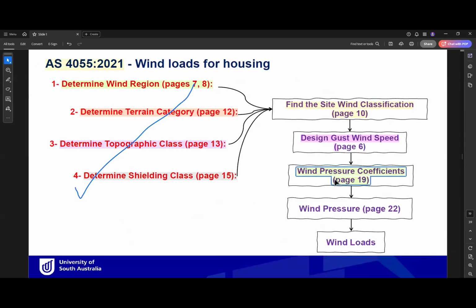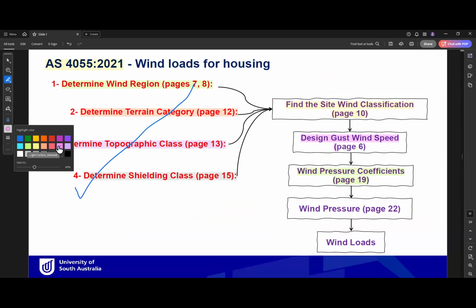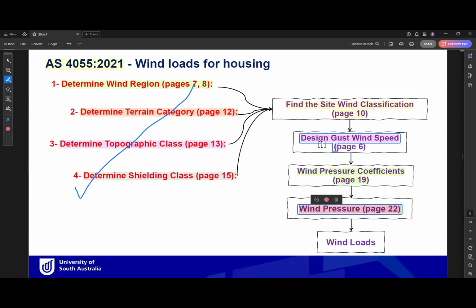after we found the wind pressure coefficient, we go to the next step, which is the wind pressure. How to use these parameters, the pressure coefficient and gust wind speed, to find the wind pressure.